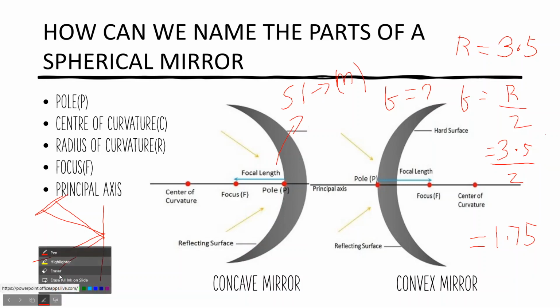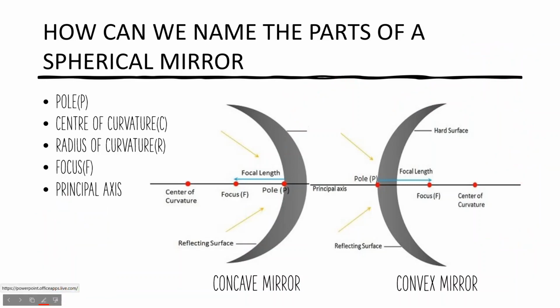See, simple. This is one mirror, one ray hitting, going, another ray hitting and going. If you drag them back somewhere over here, they'll meet. They appear to meet to our eyes. It means a virtual image always fools our eyes.